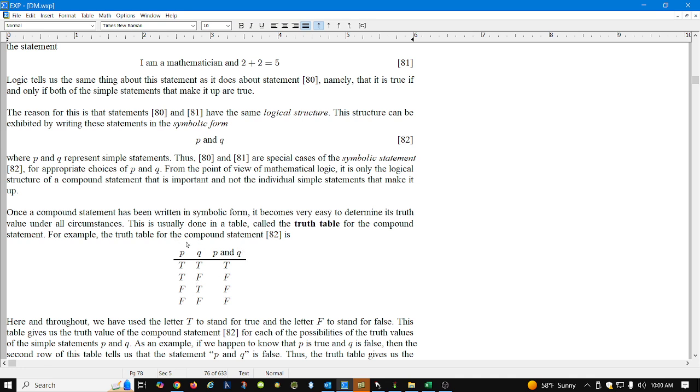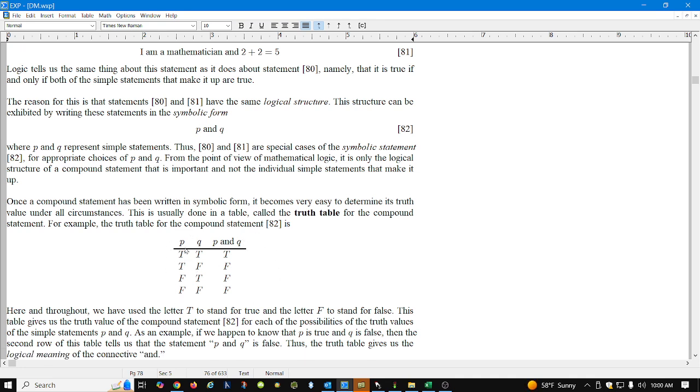So here is what we call a truth table. It lists all the possible combinations of truth values for the two statement variables: both true, true false, false true, false false. And then gives us the truth value of this compound statement.